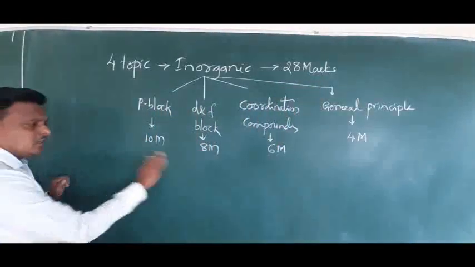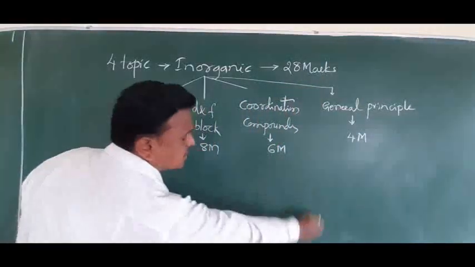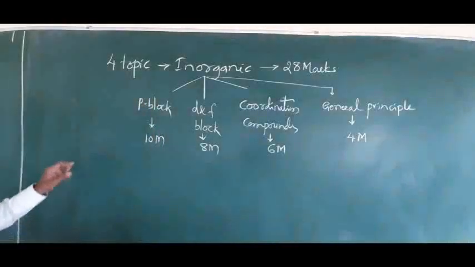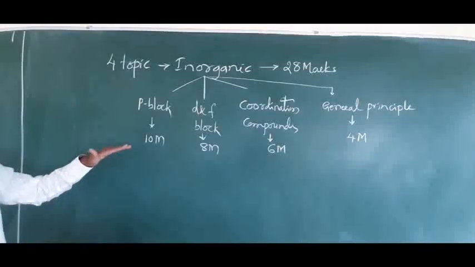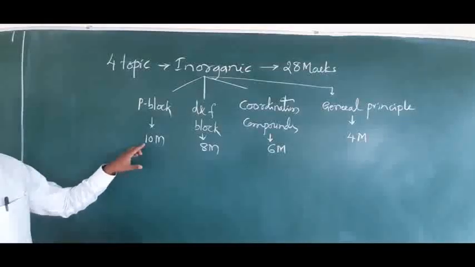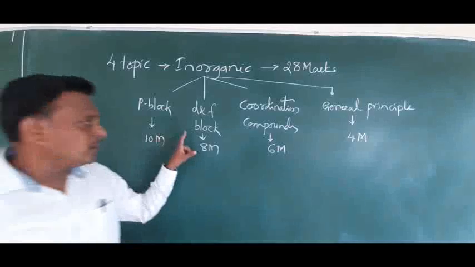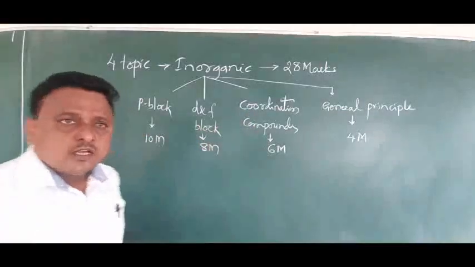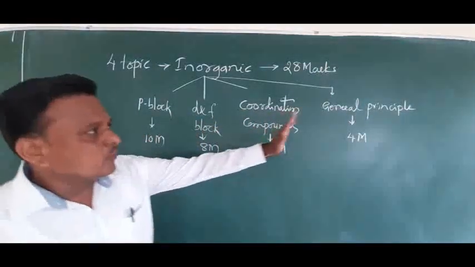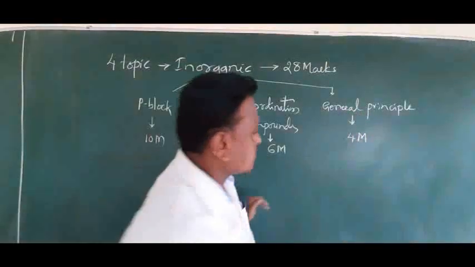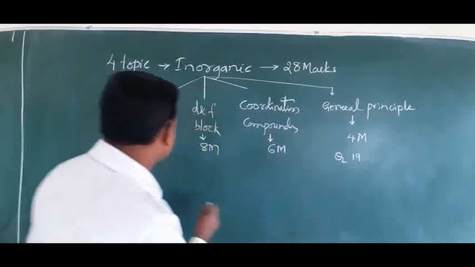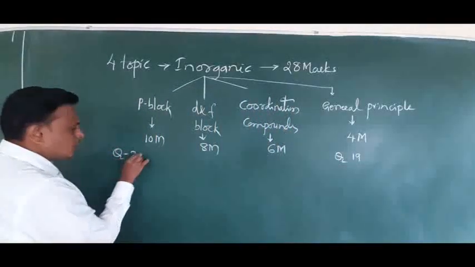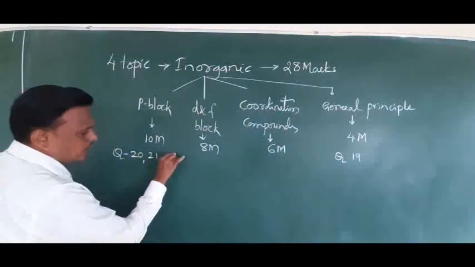The questions having the weightage of inorganic chemistry in part C total 8 questions: 3 from P block, 2 from D and F, 2 from coordination compounds, and 1 from general principles. This is the first question, question number 19, and here are question numbers 20, 21 and 22.